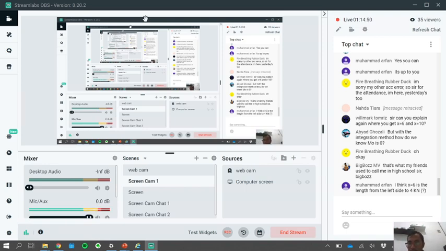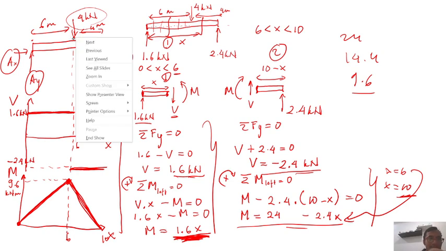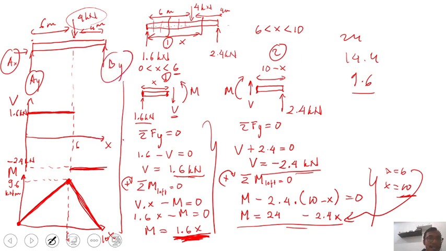Wilma, sir, can you explain again where you get x equal to 6 and x equal to 10? Okay, I will explain again. Why x equal to 6? The limit here is from 0 to 6, not 0 to 10, because the continuous condition will only happen from x equal to 0 to x equal to 6. Exactly at x equal to 6, there is an external force of 4 kilonewton, which will make the condition not continuous.